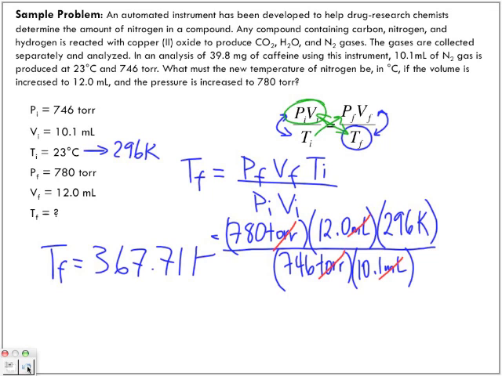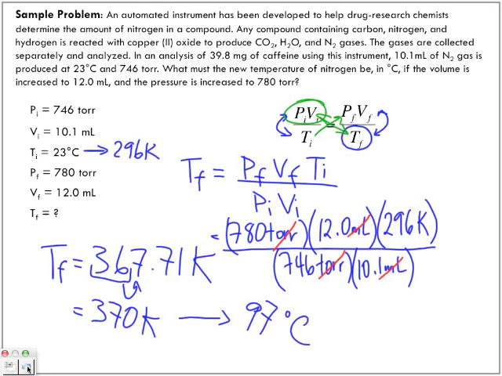So our final temperature works out to 367.71 Kelvin. The least number of significant digits in our question is how many? 2, right? So we look at that, and it becomes 370 Kelvin. 370 Kelvin to degrees Celsius becomes, so what does it become? 97 degrees Celsius.